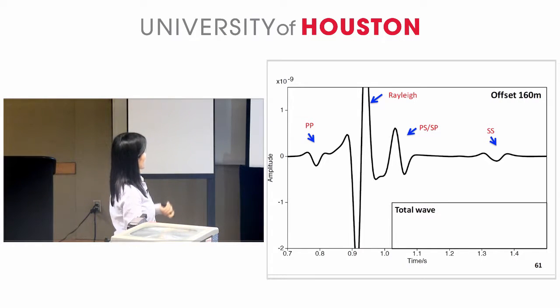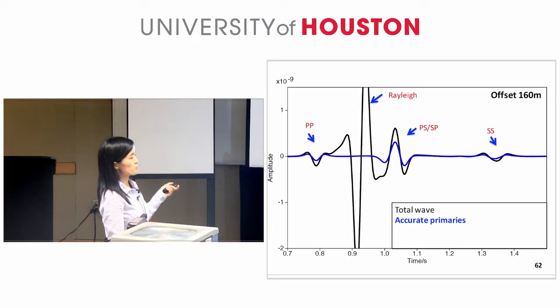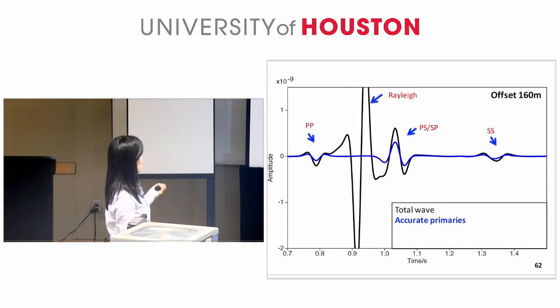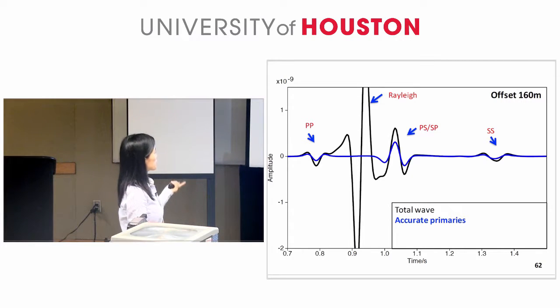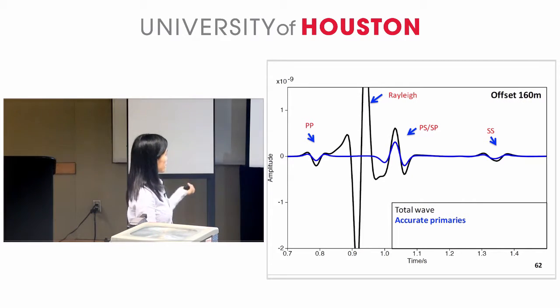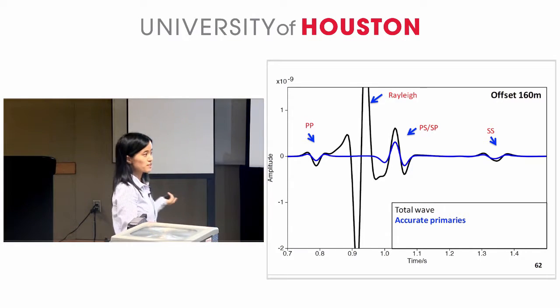Then the blue line here shows you the accurate primary generated with the analytical form. You can see that there's no relay wave here. The difference between the black line and the blue line in these events is because there is no ghost in your primary. Later I will show you the predicted primary. If that prediction result is closer to this blue line, it is closer to accuracy.